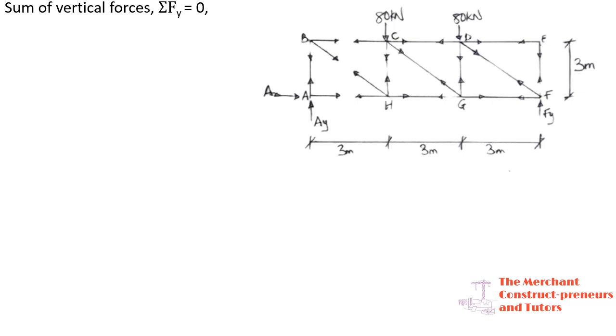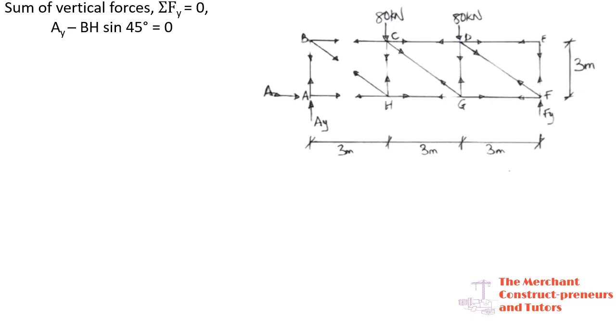Okay. So sum of vertical forces, everything we are doing, we are relying on the equilibrium equations. So sum of vertical forces within this portion here, this is the boundary, so we are not going to consider this portion here.